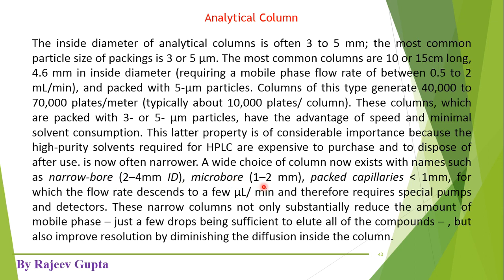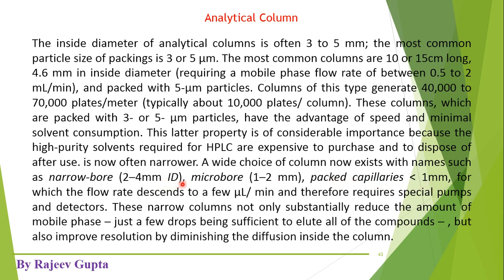If it is between 1 to 2 mm, then it is a micro bore column. And if it has an inner diameter lesser than 1 mm, then we call it a packed capillary column.